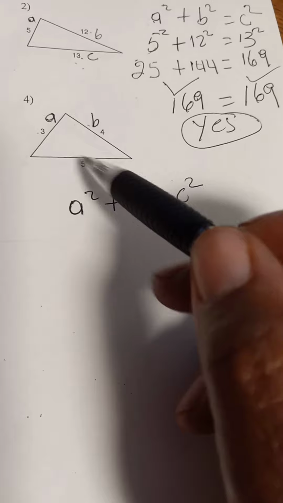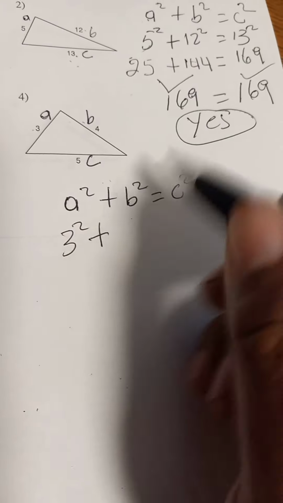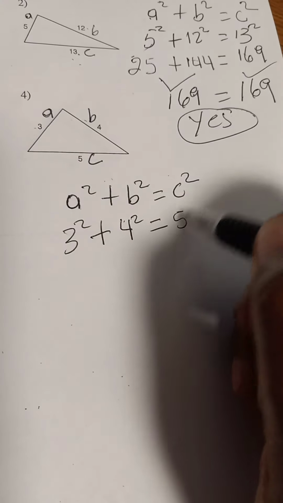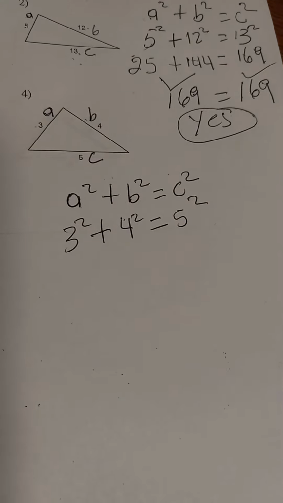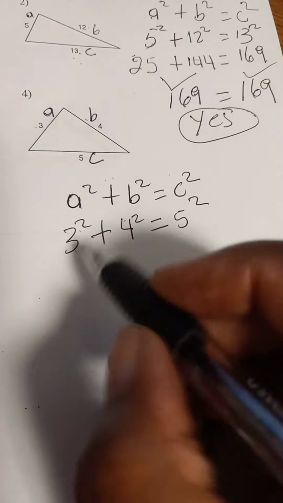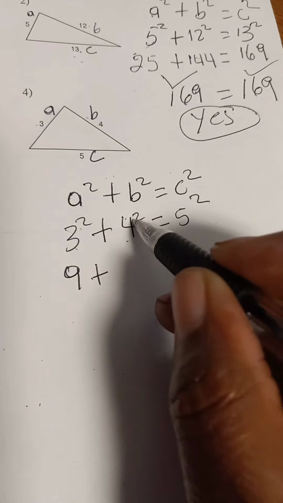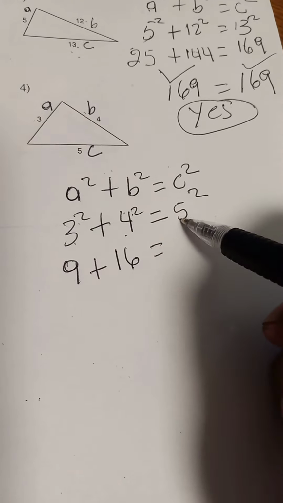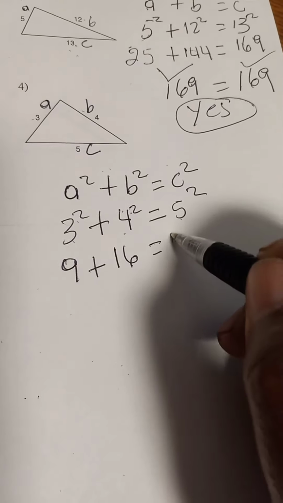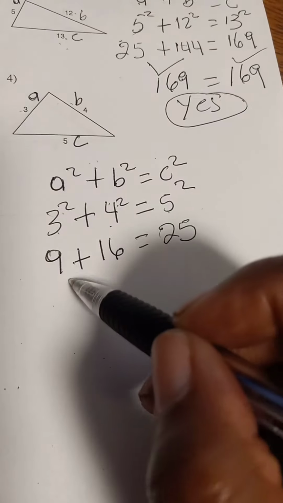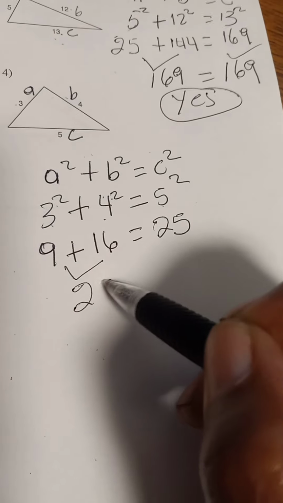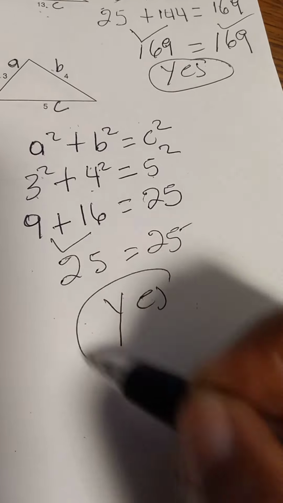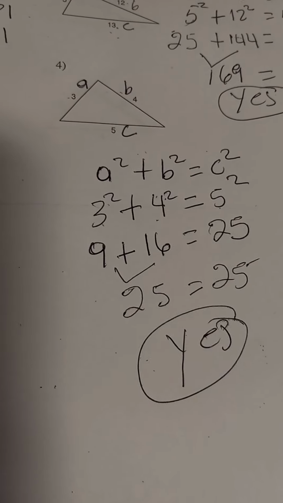Okay, so my A is 3 squared plus B is 4 squared, and my C is 5 squared. So 3 squared is 3 times 3, which is 9, plus 4 squared is 4 times 4, 16. And that's equal to 5 squared. 5 times 5 is 25. So 9 plus 16 is 25, which is equal to 25. So yes, this is a right triangle.